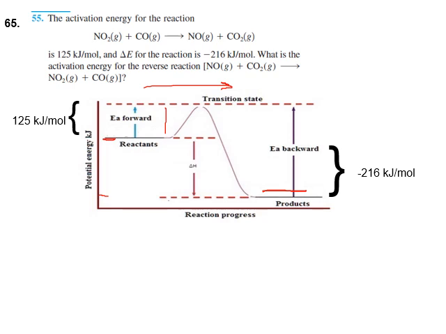So anyway, that's what we have here. But they're asking us, what if you did want to put energy into it and make it go in this direction? So how much energy would you have to put into it? Well, you'd have to replace the 216 kilojoules per mole that you had given off at the end of the reaction, plus the original 125 kilojoules that you had to go over in order to get the reaction to happen in the first place when you were going from left to right.